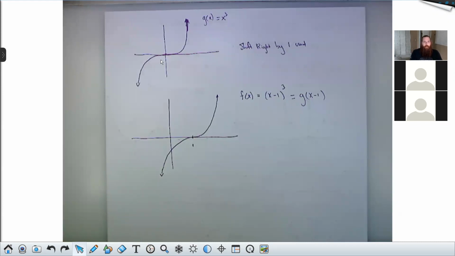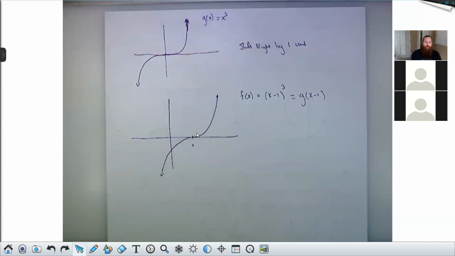One of the ways to think about this is to ask yourself what inputs lead to what outputs. So for example, on the graph of x cubed, I know if I plug in 0 for x, I'll get 0 out, right? G of 0 is 0. Here we had this graph, and I wanted to figure out what the algebra would look like to transform this to this.